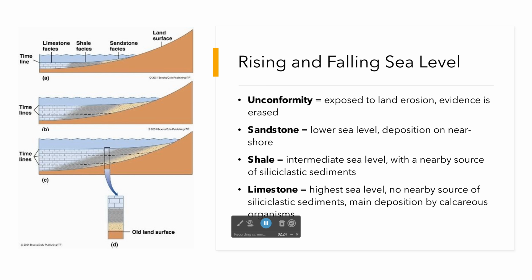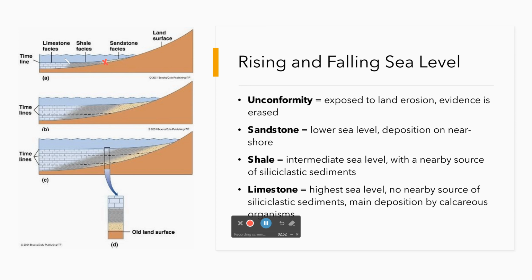This sedimentary sequence actually reflects rising and falling sea level. So here on the left is a nice schematic representing this. You're standing in the same location through time. So let's say we are standing right here where that X is. In time 1, in A, we're in a sandy area on top of an erosional surface.